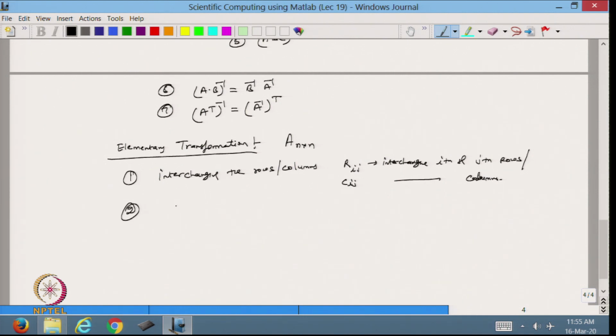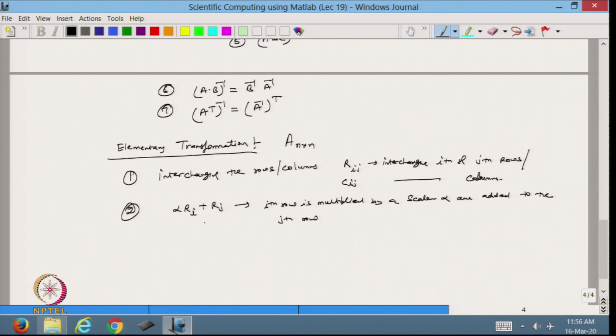The second one is, if I write alpha times R_i plus R_j, in this case what I am doing? I am multiplying the ith row by a scalar alpha and adding it to the jth row.